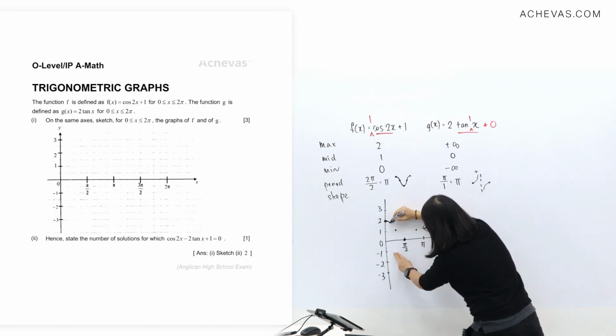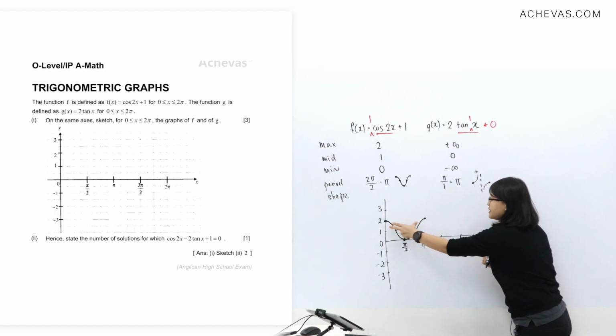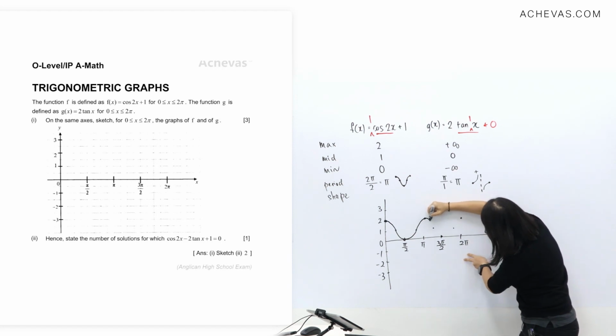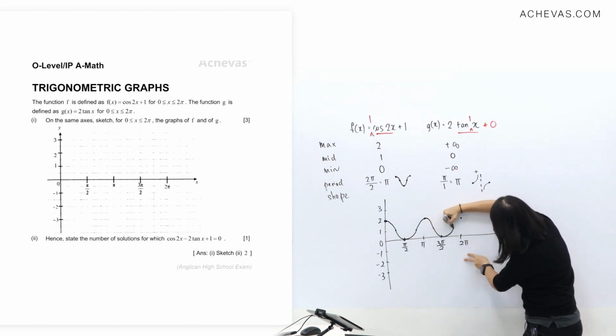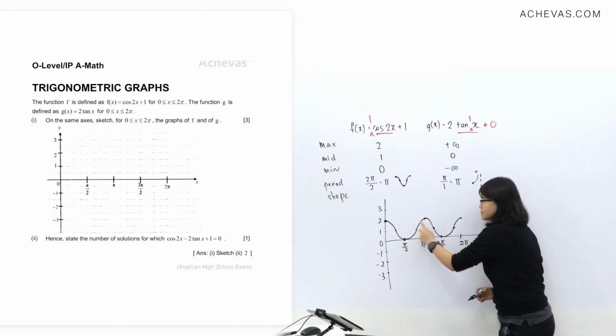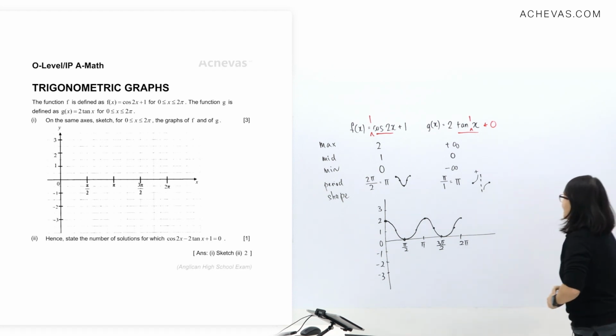So you can now draw one cos graph, and we're going to repeat this process here. Make sure you turn a bit so that it will have a very smooth cos graph over here.